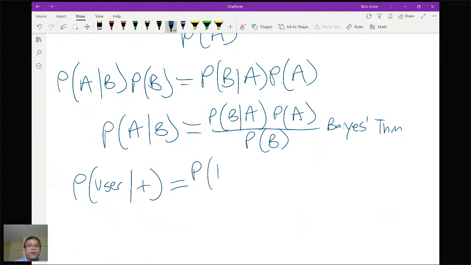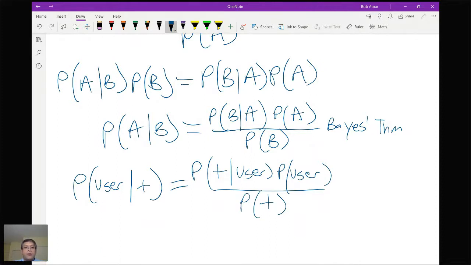What this lets you do is basically the following. You can replace these events like so.